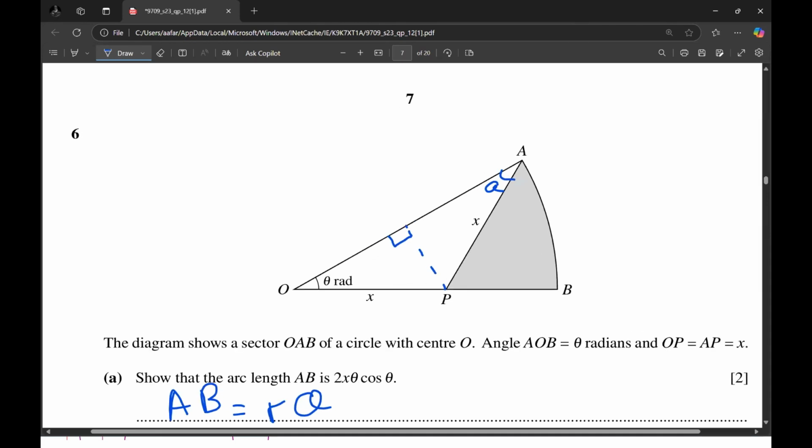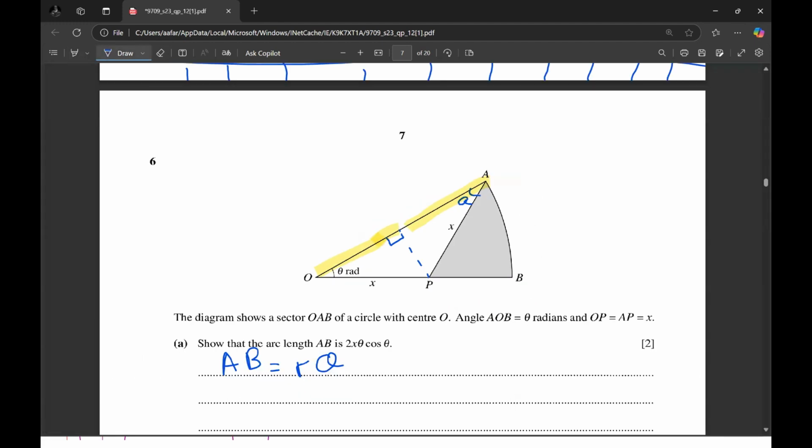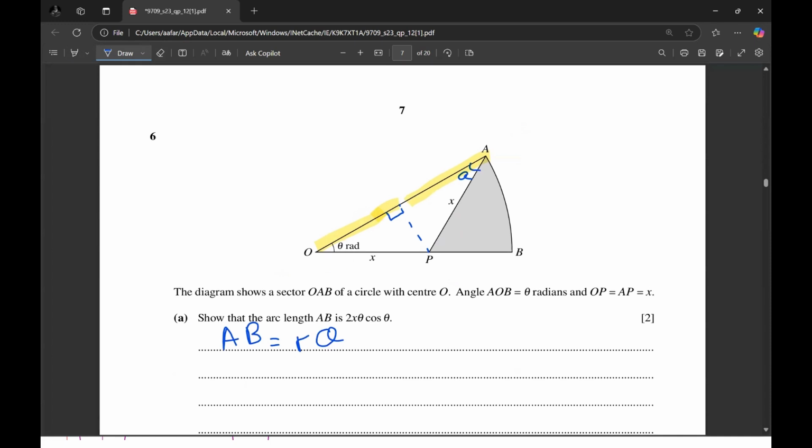We know that this length is going to be equal to this length, since it's an isosceles triangle. So if we can find this length, then we can multiply by 2 to get r. This is the hypotenuse and this is the base.